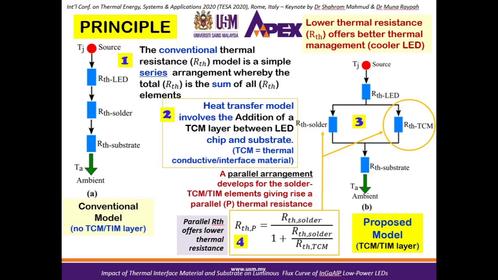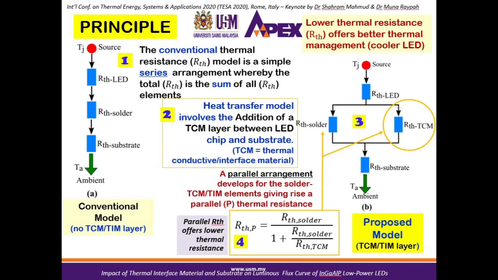Item 1 shows the conventional model for low power LED. In this particular package, there is no TCM material. There are voids in this package, and the total thermal resistance is the summation of the thermal resistance of the LED, solder, and substrate. For our case, we fill up the voids with thermal conductive material or TCM material to form a layer which is parallel to the solder.